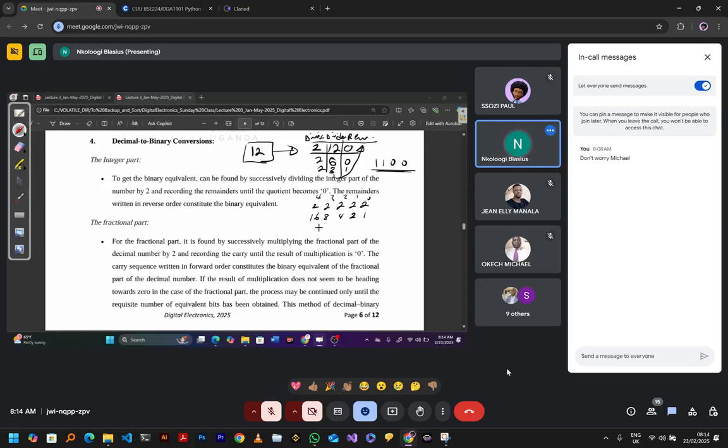So I look at these weights and I see the weight which is either equal or just less than that number. In this case, I'm converting 12. So 12 is not above 8. It's below 16, but it's not even equal to 8. So I could use 8 in this case.